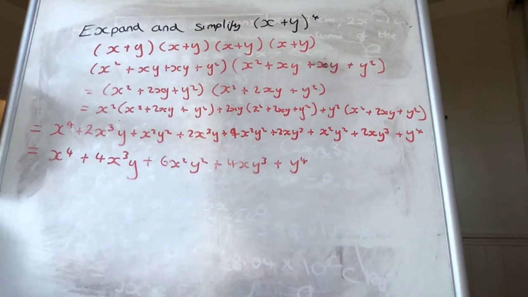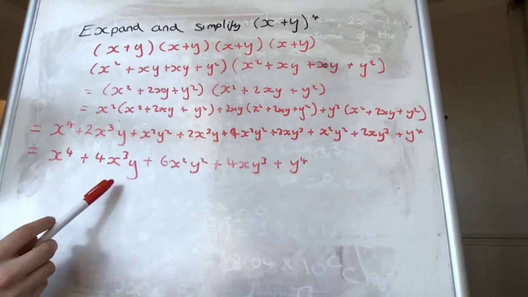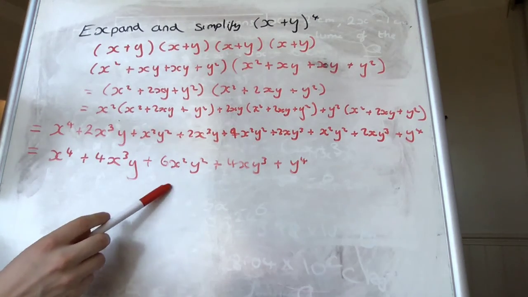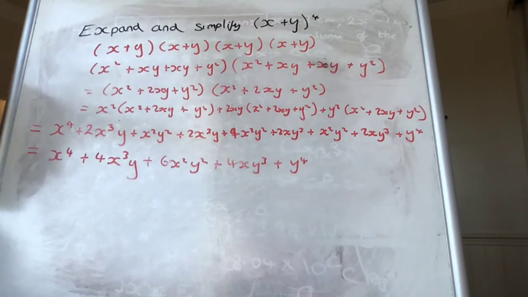And that will give us our final answer. And you should be able to therefore see this sort of pattern running across here. So x to the power of 4, x cubed y, x squared y squared, xy cubed, and y to the power of 4. And that is that expansion.